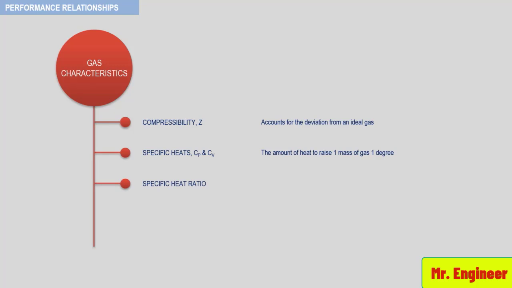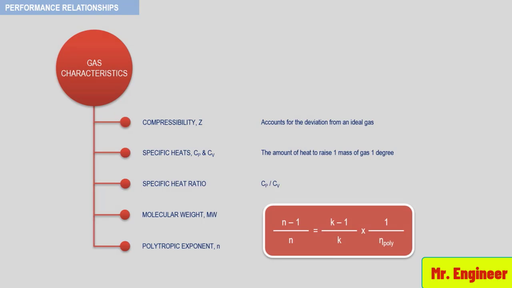The specific heat ratio, Cp over Cv. The molecular weight, referred to in this course with Mw. And finally, the polytropic exponent, referred to with the letter N, which is used in polytropic head calculations. Recall the formula we've seen in a previous video.